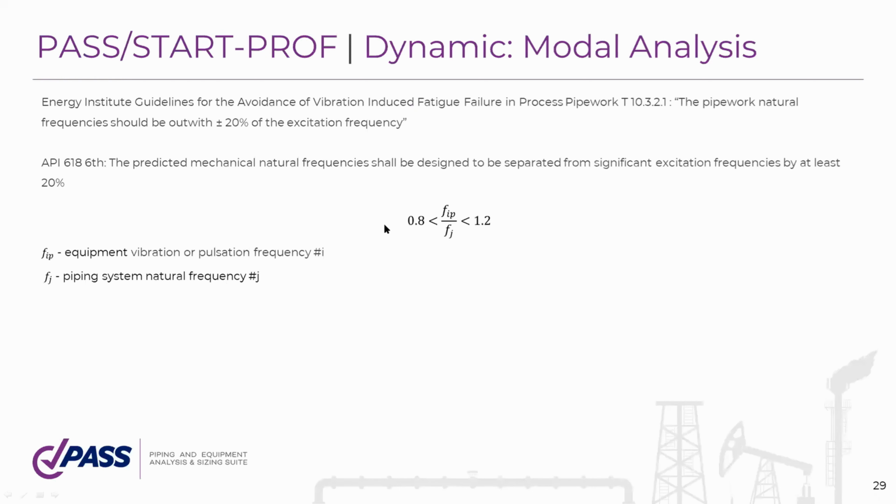Where can you find that requirement? The first document is the Energy Institute Guidelines for Avoidance of Vibration-Induced Fatigue Failure in Process Pipework. And the second document is the API 618 code. You can find this requirement there.